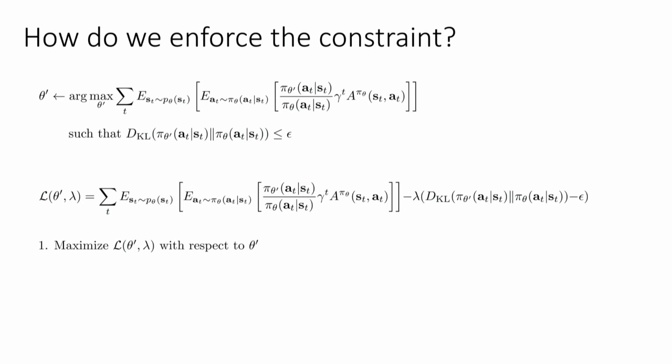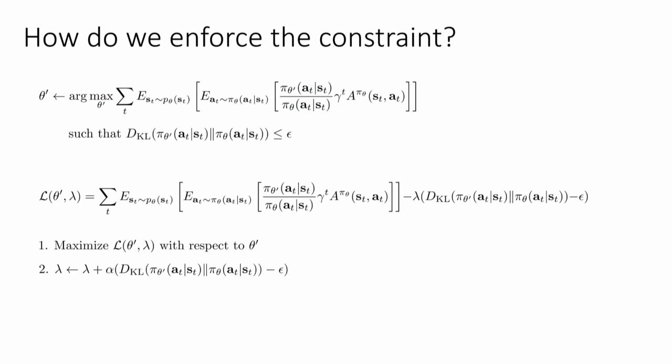But a practical algorithm that you could consider actually implementing, and such an algorithm would in fact work, there are algorithms that do this, is to alternate between maximizing your Lagrangian with respect to theta prime and then taking a step on the dual variable, on the Lagrange multiplier. I'm going to explain the intuition behind this, and I'll actually derive this algorithm, called dual gradient descent, in a subsequent lecture.